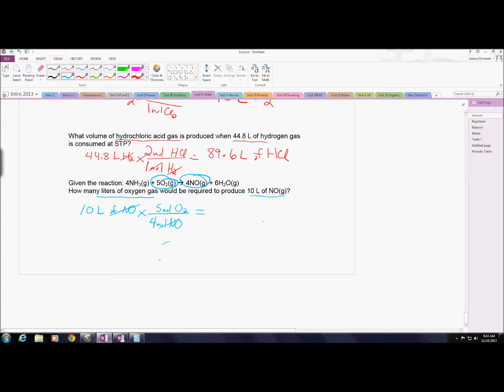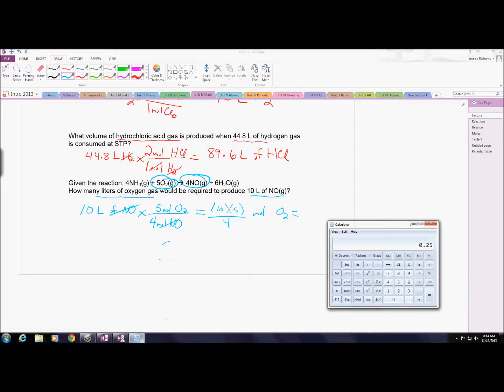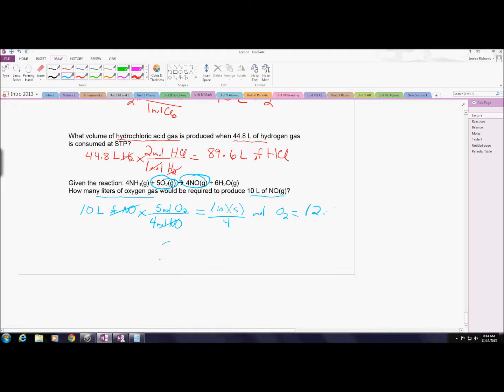The NO cancels. I have 10 times 5 over 4 moles of oxygen. So 50 divided by 4, 12.5. 12.5 liters of oxygen.